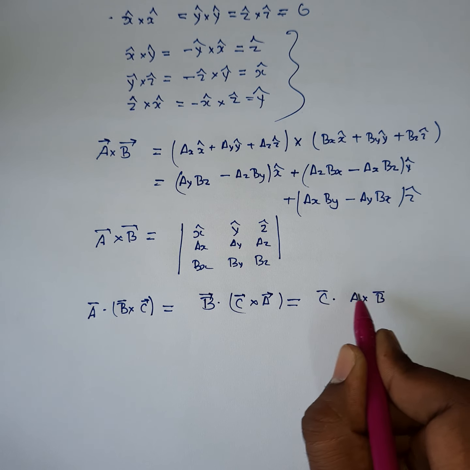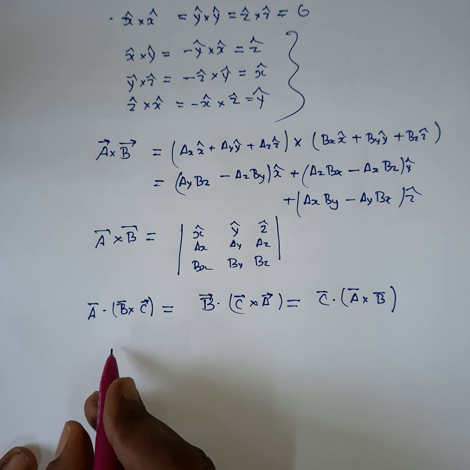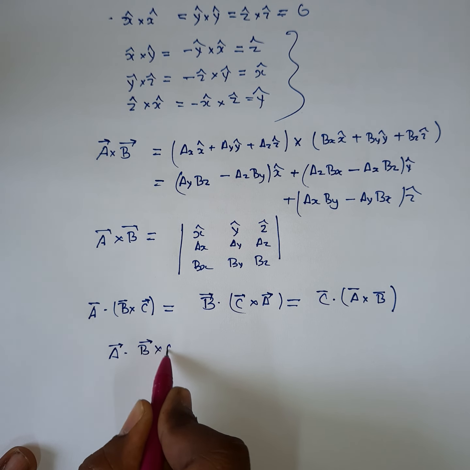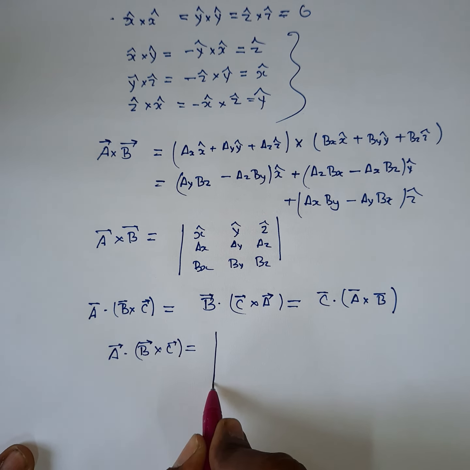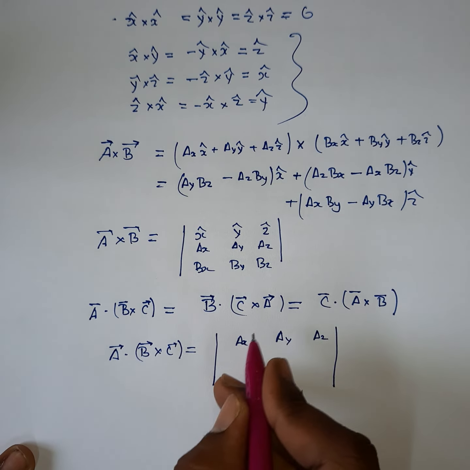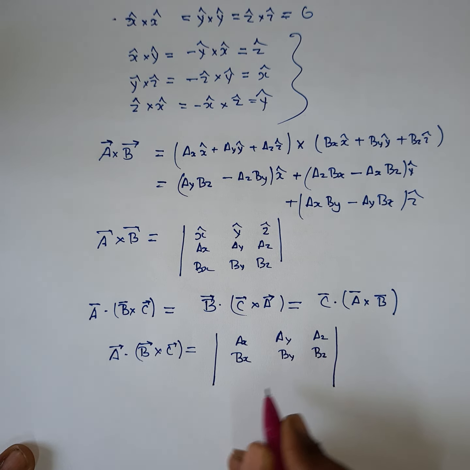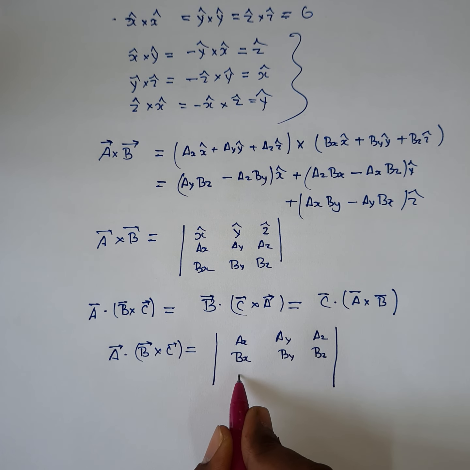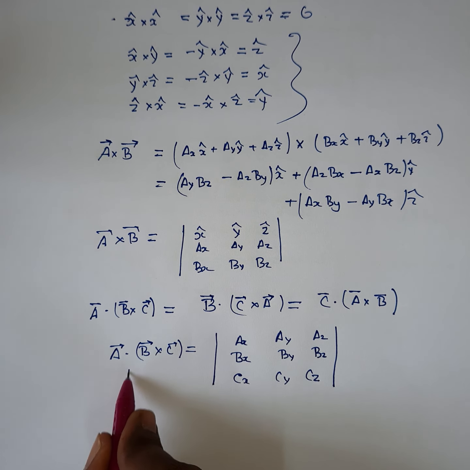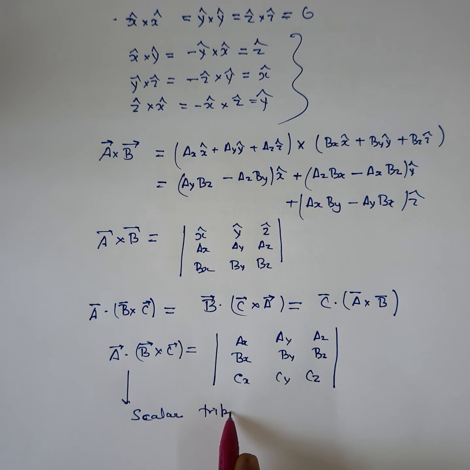This can also be written in component form as a vector dot b vector cross c vector is equal to, in determinant form, ax, ay, az, bx, by, bz, and cx, cy, cz. So this is called the scalar triple product.